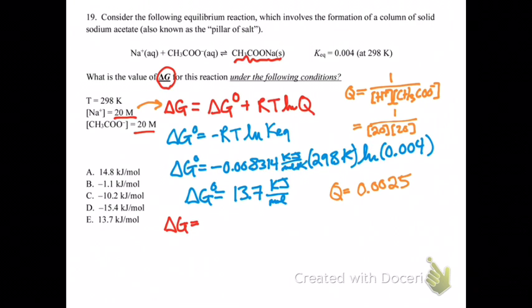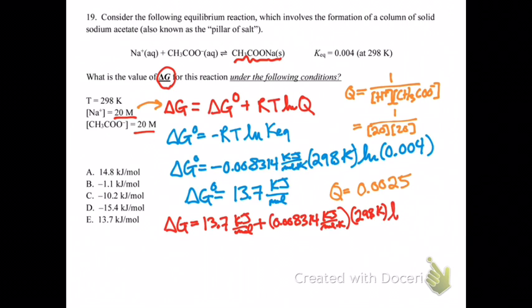Delta G is equal to our delta G standard. We solved for that already, 13.7 kilojoules per mole, plus R, 0.008314 kilojoules per mole Kelvin, times T, which again is 298 K, times the natural log of Q, which as we solved for right here is 0.0025.